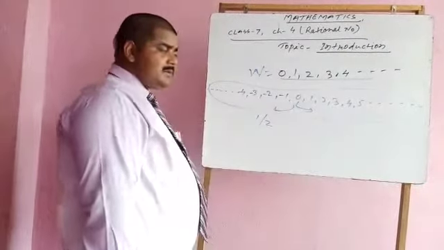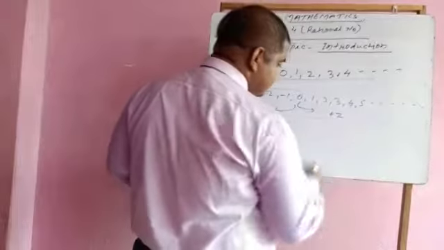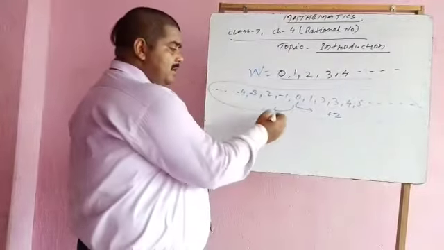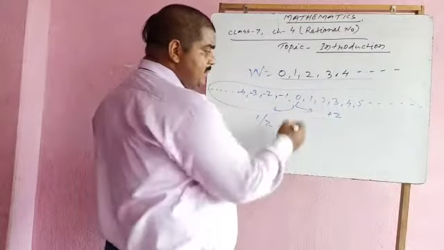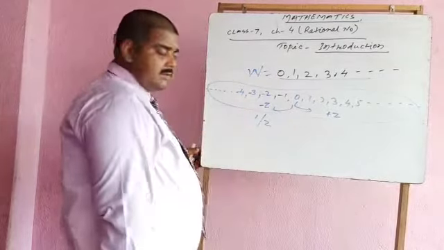All the numbers greater than 0 are known as positive integers, and those numbers which are less than 0 are known as negative numbers.